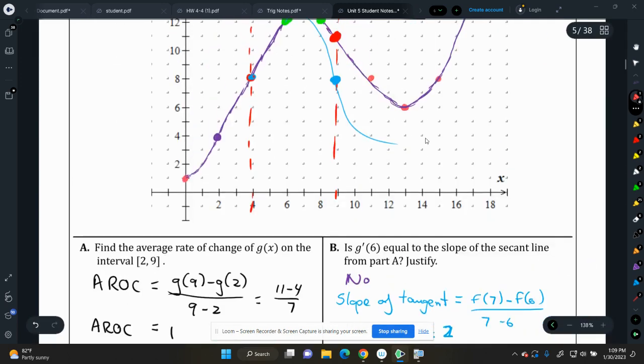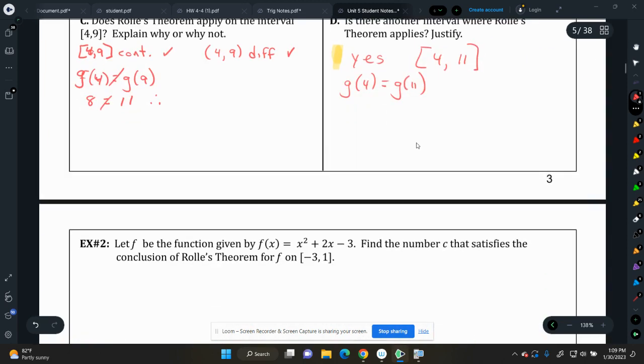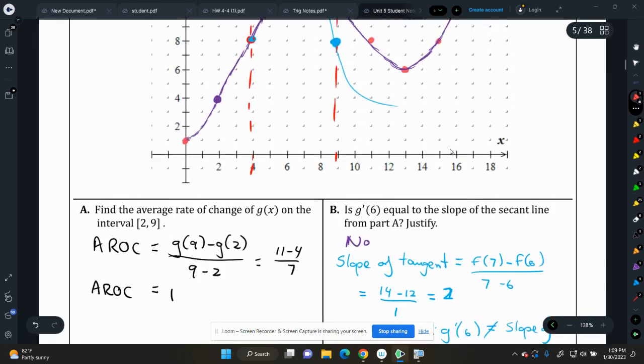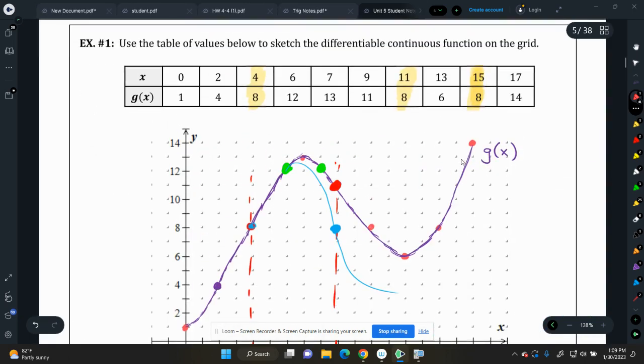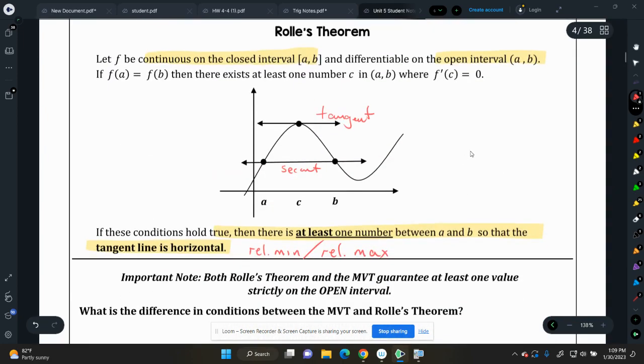It's continuous and differentiable, right? It tells us that. Yep. It's continuous and differentiable. Okay. And let's see, looking at the slope. Okay.